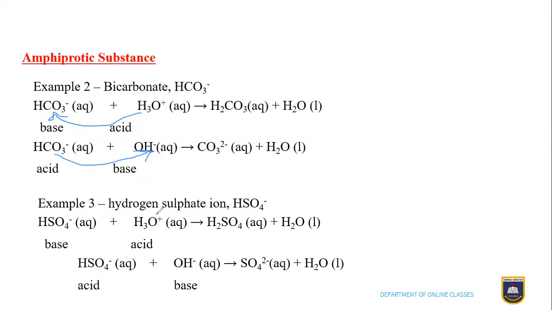Another example is hydrogen sulfate ion. In the first equation, it is accepting a proton from hydronium ion. In the second equation, it is acting as a proton donor, donating a proton to OH minus.